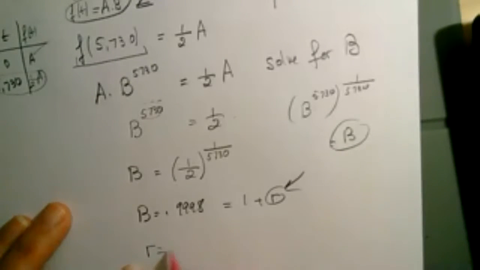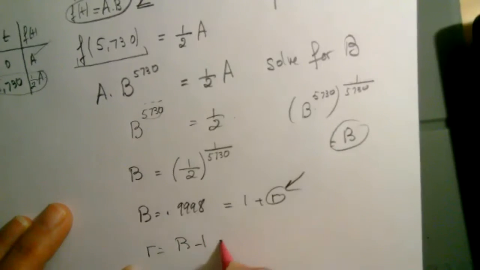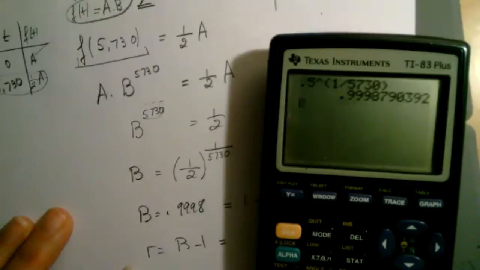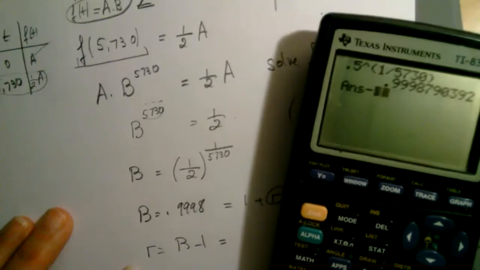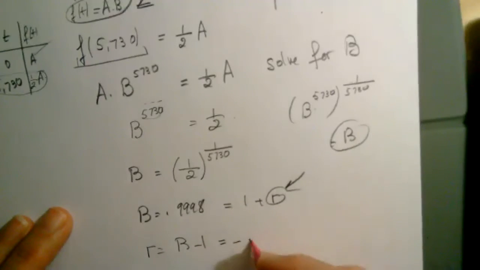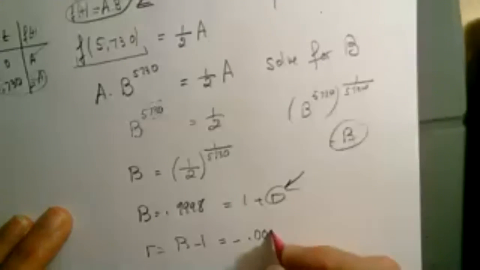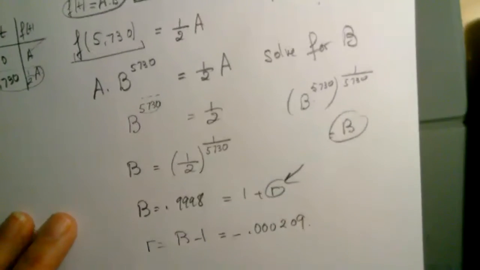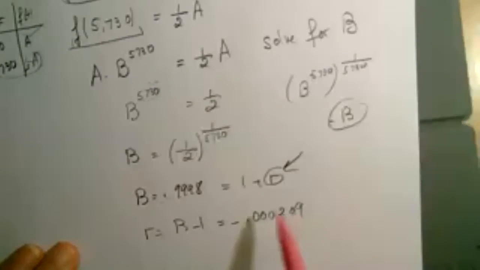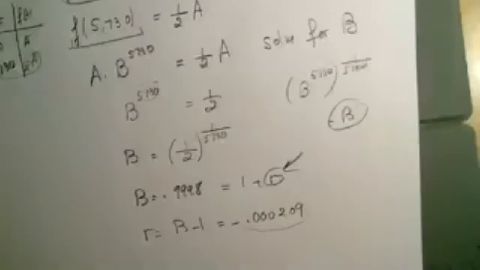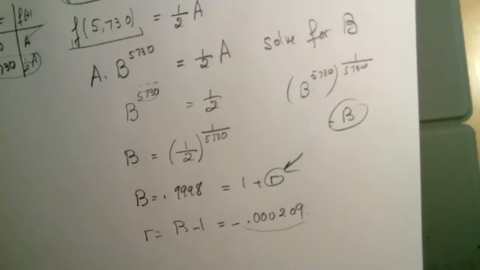So my r will be b minus 1, and I will keep the number on the calculator, and we'll get minus 0.000209. So it's decreasing again at a very slow rate because the half-life is actually huge, 5,730.